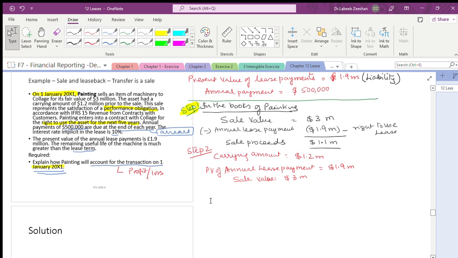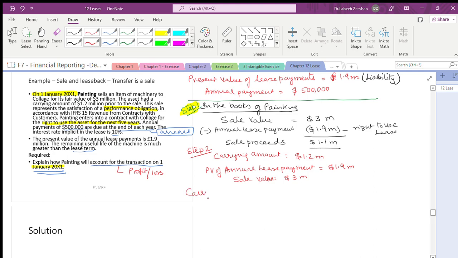What are we doing here? We want to distribute this among the annual lease payments. We want to split this amount. How are we going to distribute it equally?